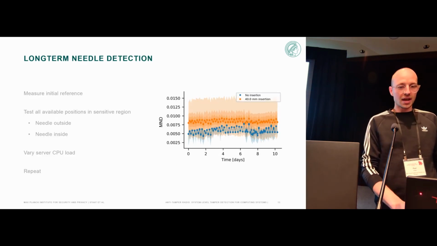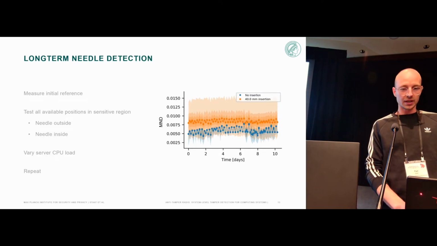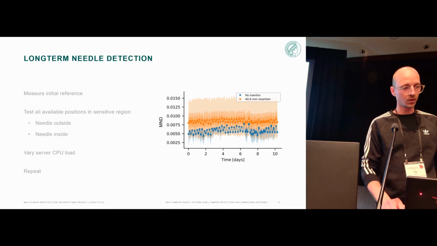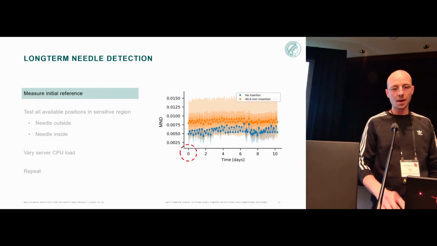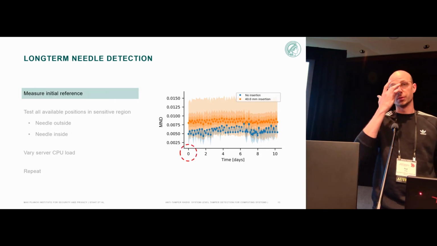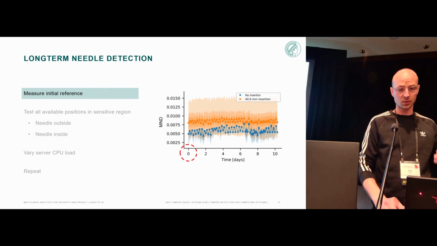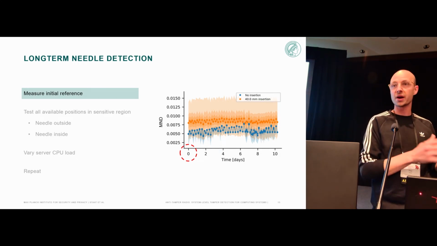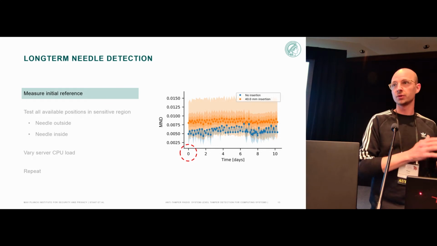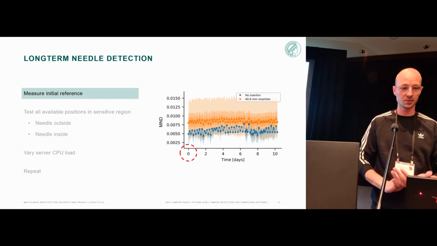To provide an answer to this, we use the following experimental procedure. We start at the very beginning to take an initial reference measurement, and subsequently we compare all of the subsequent measurements to this initial reference.